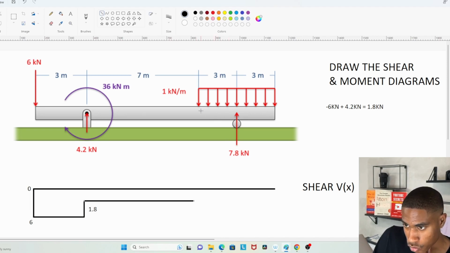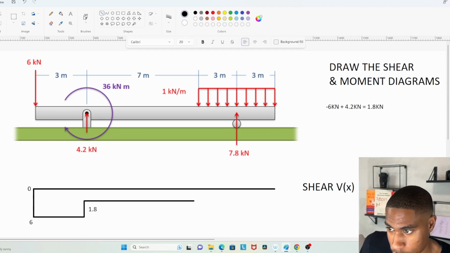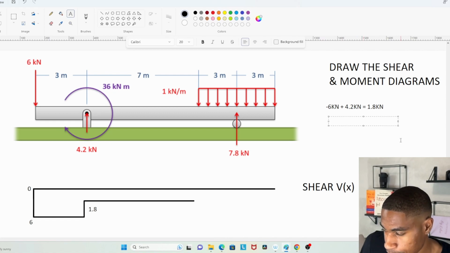Well, we have a distributed load that's coming down to the roller, 1 kilonewton per meter for 3 meters. I'll go ahead and type that out here.